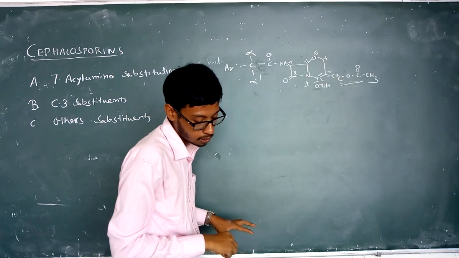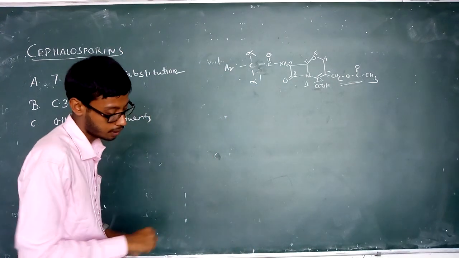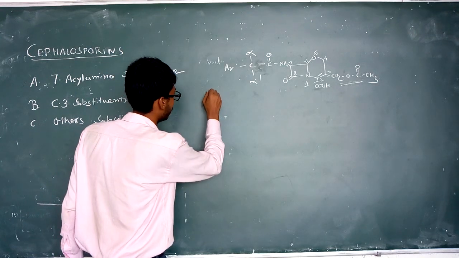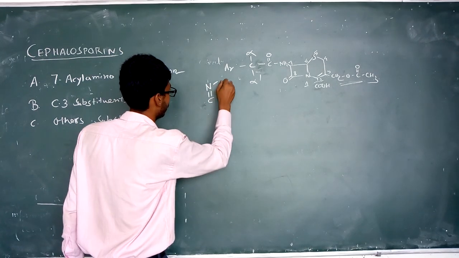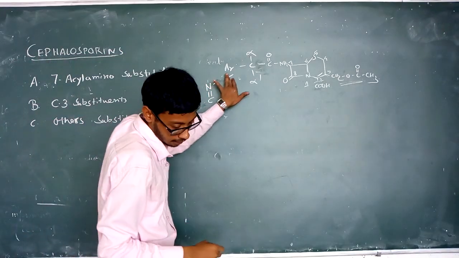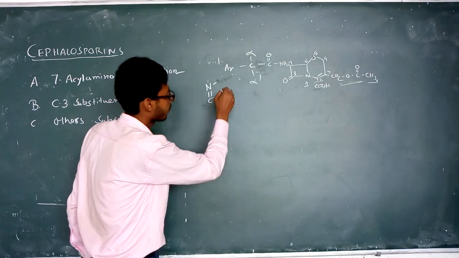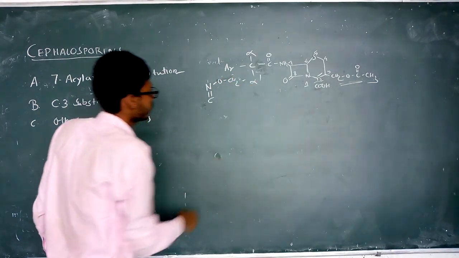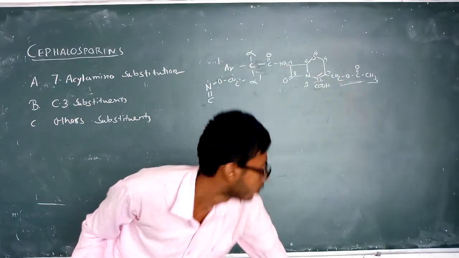And in the case of the alpha position of the side chain, when it is converted to the oxime moiety, that is C double bond N and OH, or O-CH2, etc., the group is present at that position.